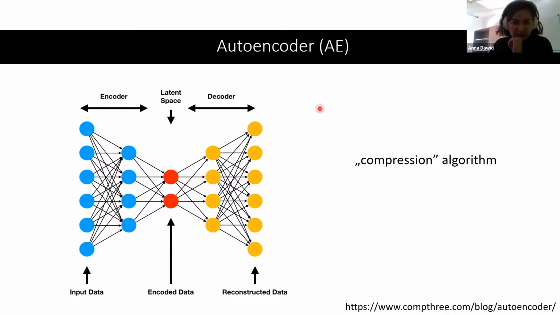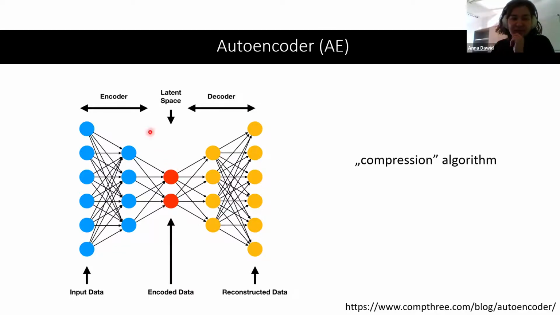The crucial thing about an autoencoder architecture is that inside it's not regular. You have a very narrow bottleneck. So you force your architecture to have a small number of neurons inside.